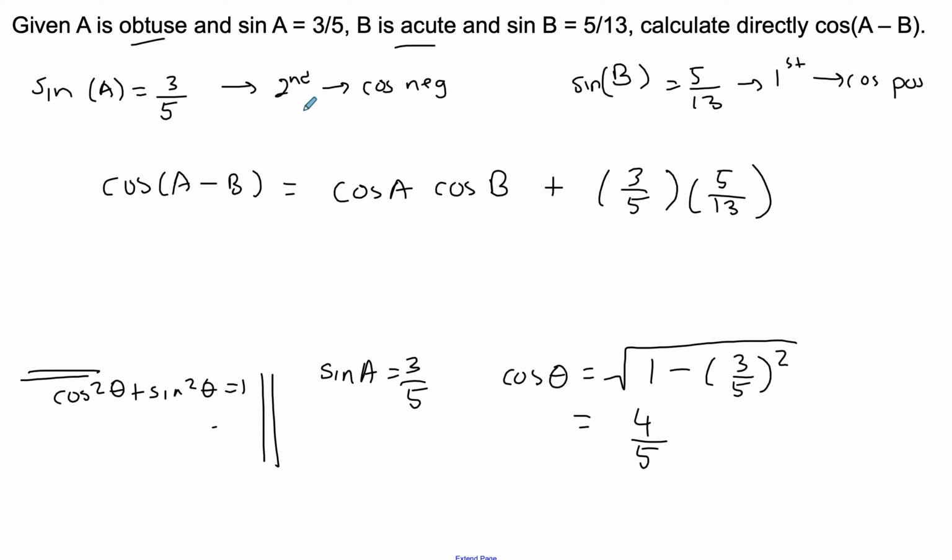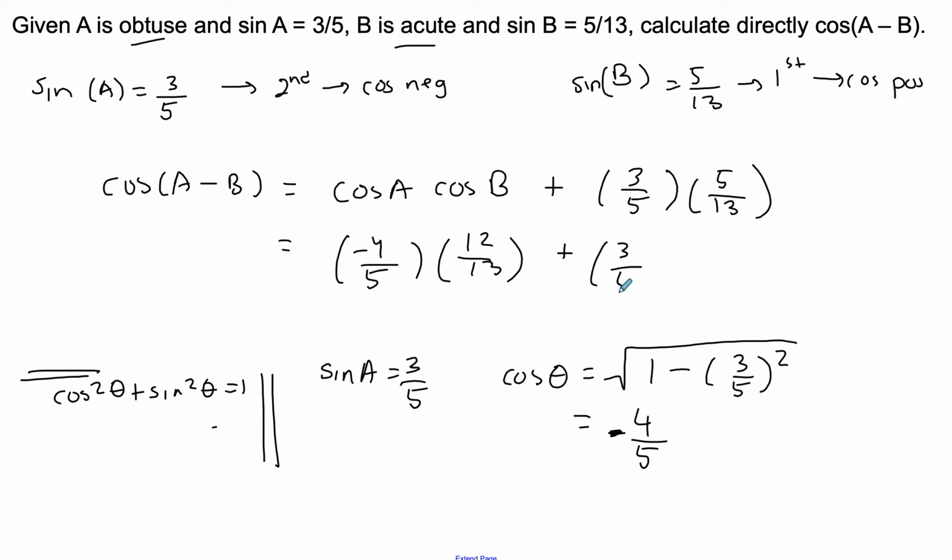What I want is the cos in the second quadrant, and cos will have to be negative. So this will have to be negative. That's all you have to do, is just switching the sign. With this, because it's the first quadrant, cos is positive, so you're just going to do the same thing, 1 minus 5 over 13 squared, and just keep the answer as positive. So with this one, I have negative 4 over 5, and with the other one, I will get 12 over 13.